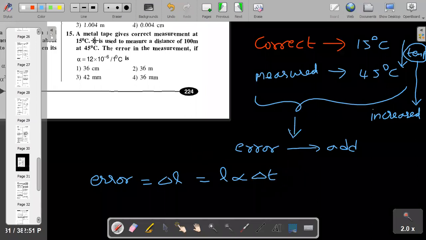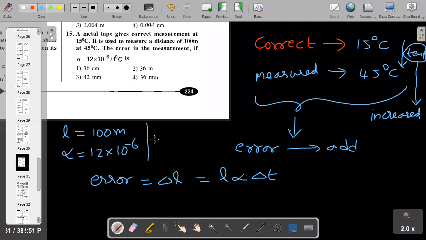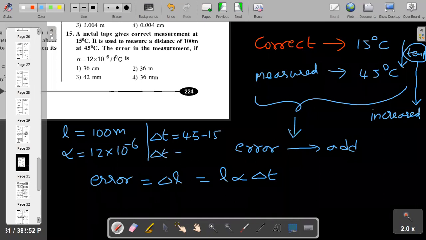In the question, the length they have given here is 100 meters. Alpha value I can take as 12 into 10 power minus 6. And the temperature difference I can take as 45 minus 15, so delta T is 30.